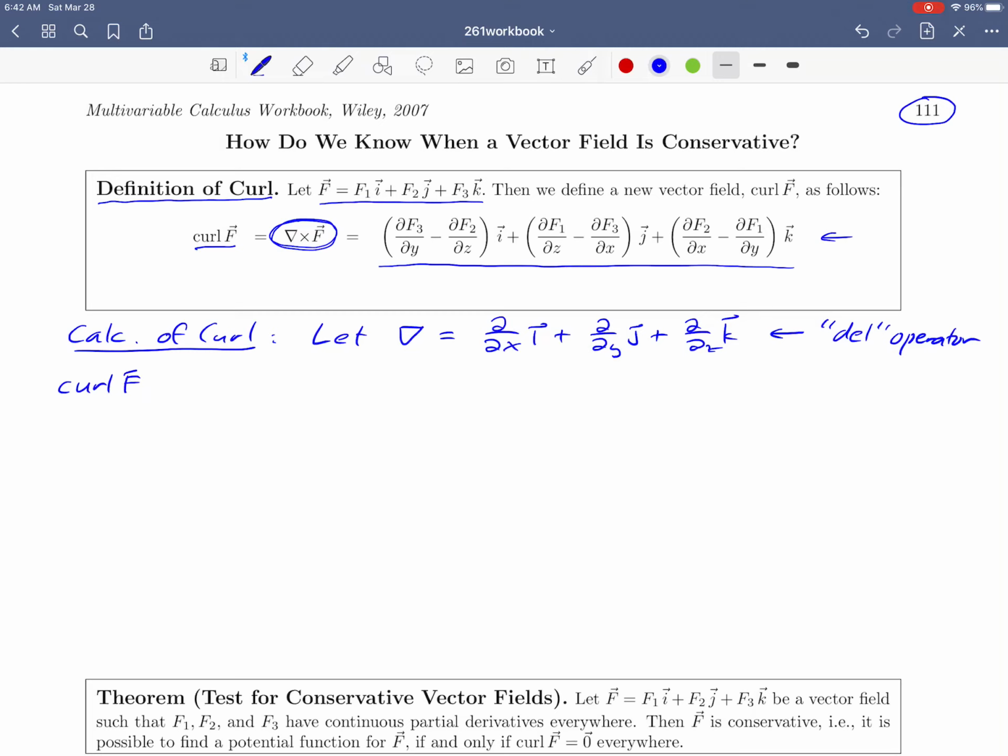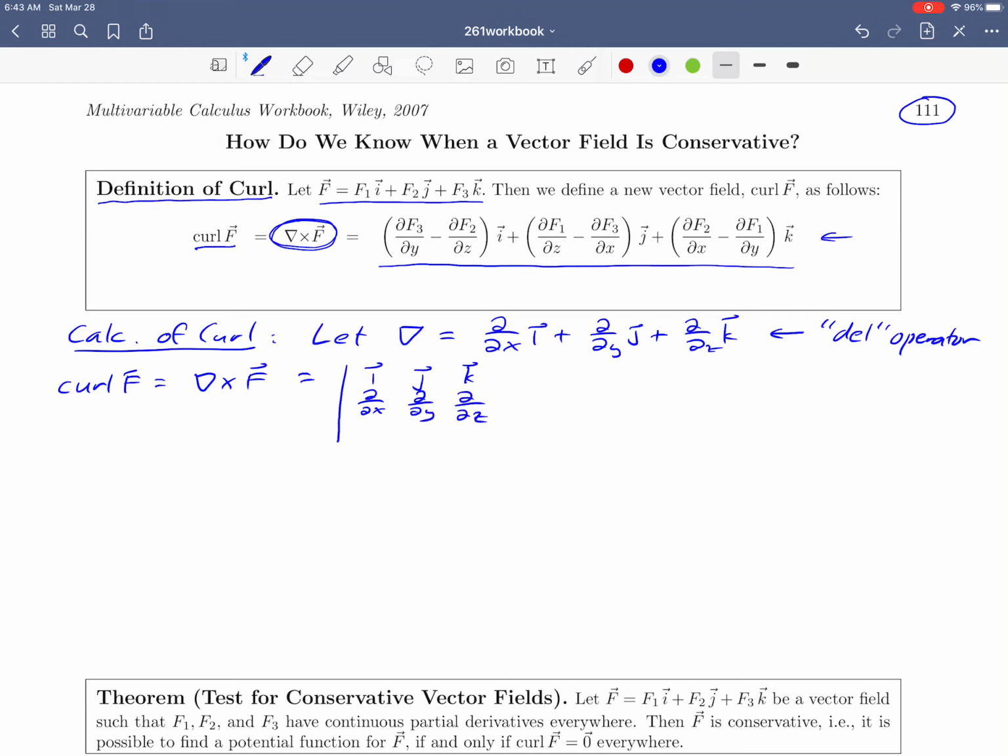It turns out we can arrive at this big long formula up here for the curl by thinking of a cross product, and I just want to illustrate that for you here. So del cross f. If you think about the way that we calculated cross products of vectors, we did that by taking a determinant where our first row is i, j, and k.